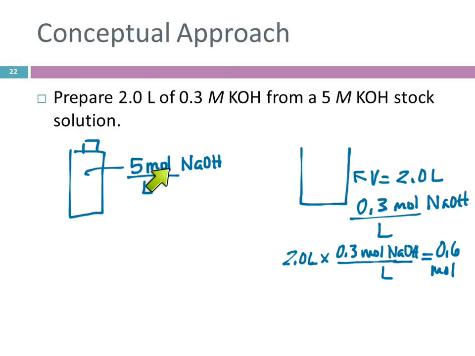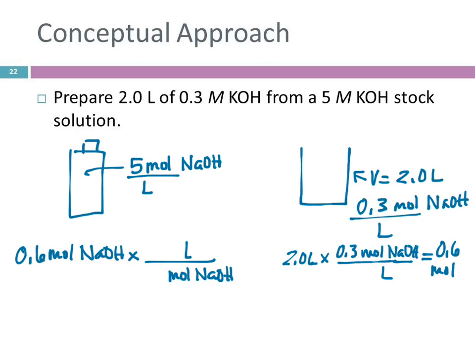Well, how much of this solution do I need to measure out to get 0.6 moles? This concentration relates moles and liters. So if I know the moles, I can find the liters. So I'm going to say, I need 0.6 moles of sodium hydroxide, and I'm going to use that molarity as a conversion factor. I'm going to put moles of sodium hydroxide on the bottom and liters on top because I want these to cancel out.